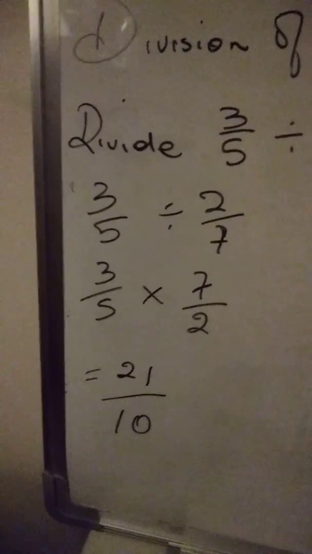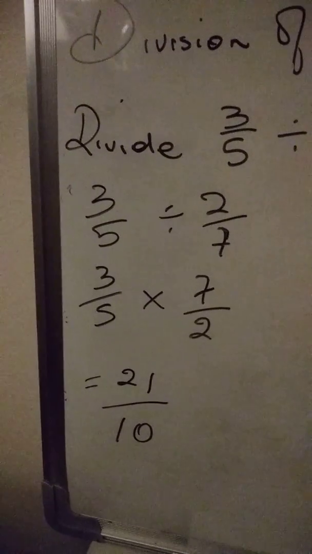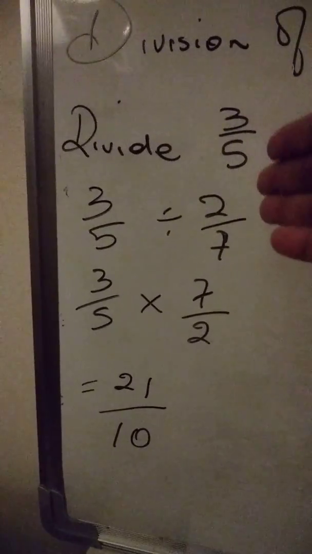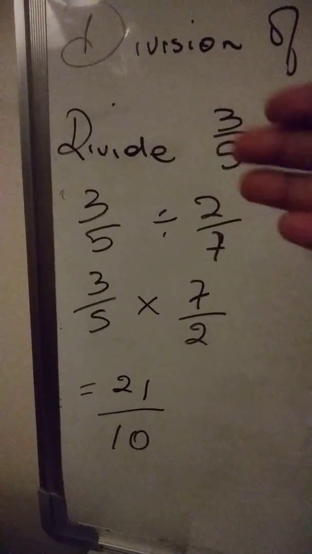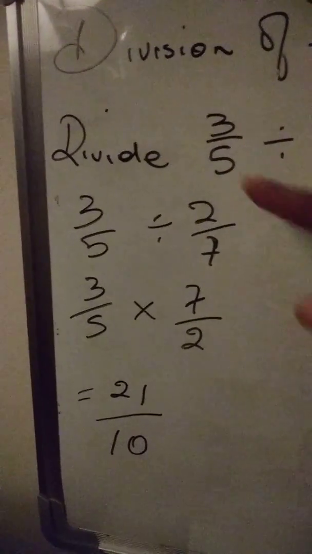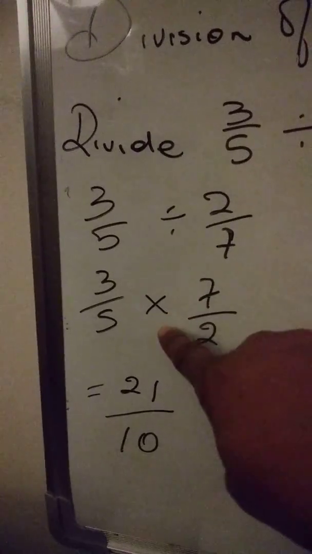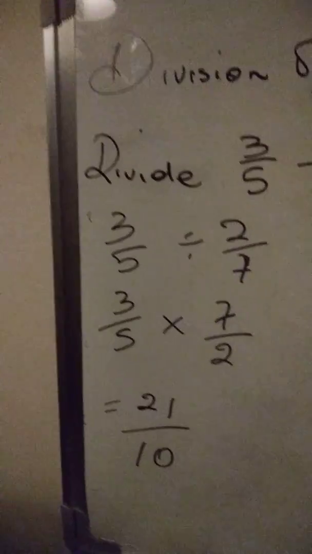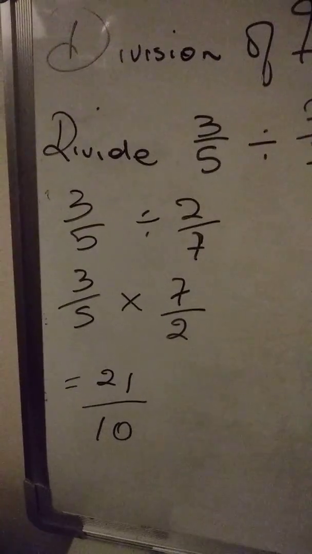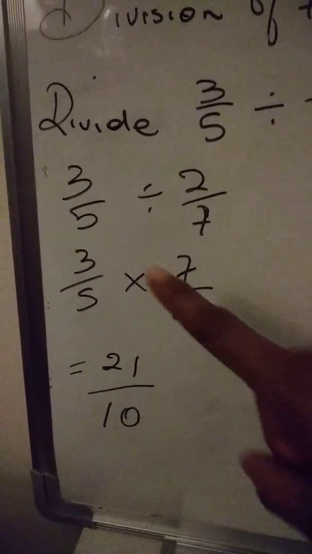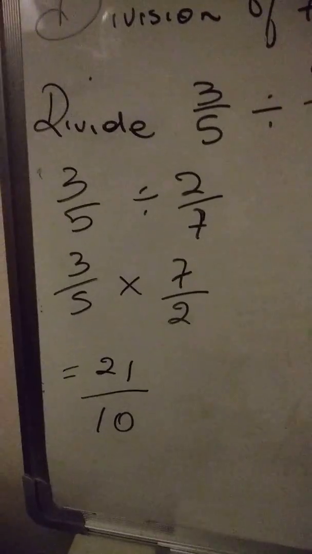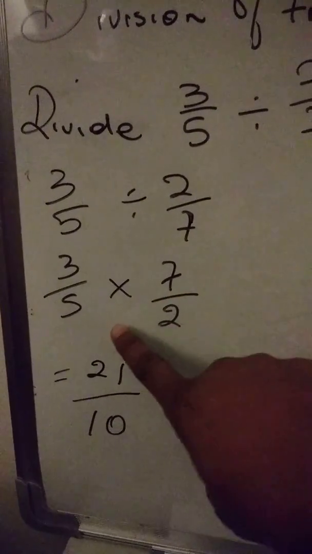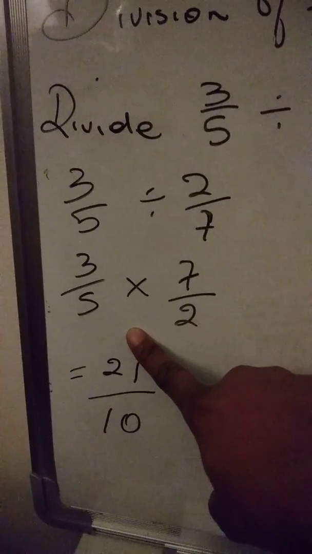Or you can say it is the reciprocal of the same number that comes after the division sign. So it may be 2/7 here, but when you change to multiplication, it changes to 7/2. Whenever you divide, you always change the division sign to a multiplication sign in fractions.